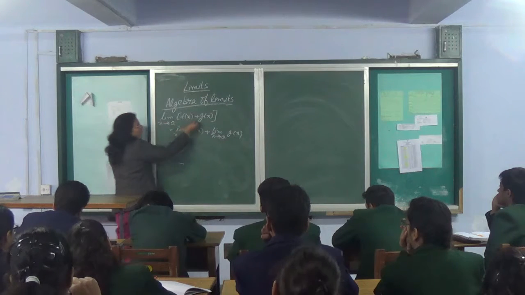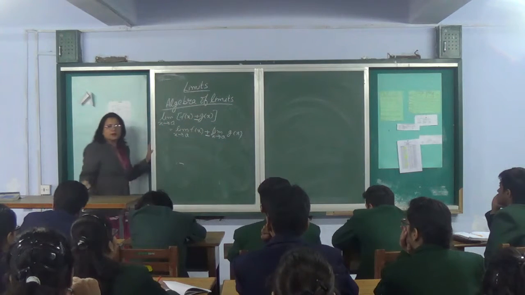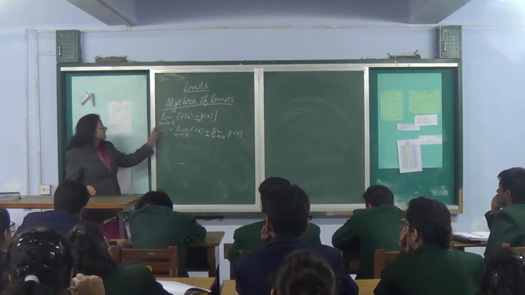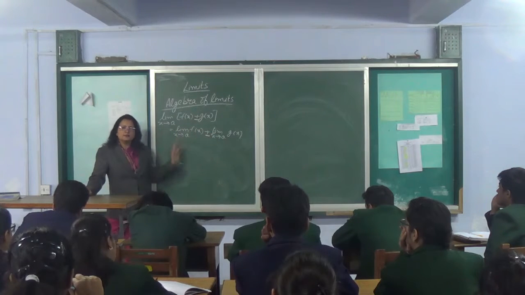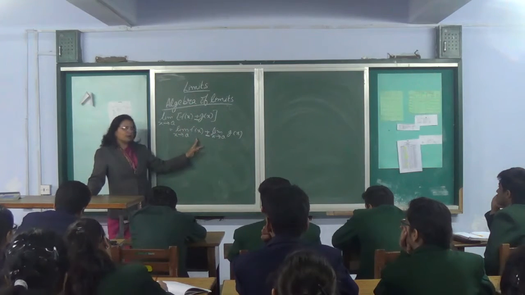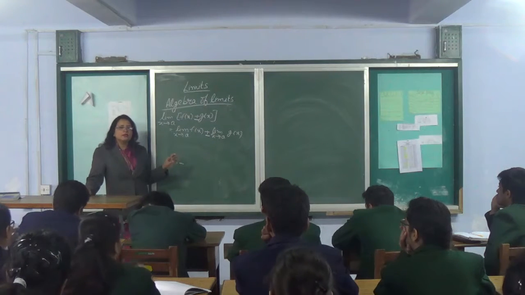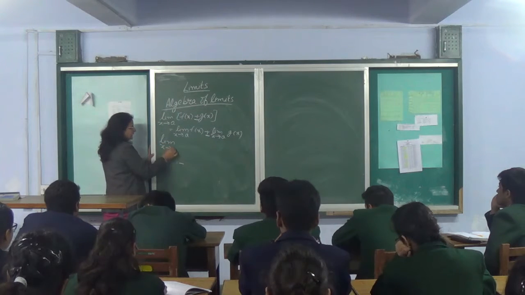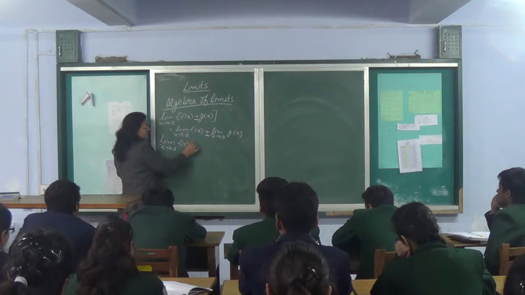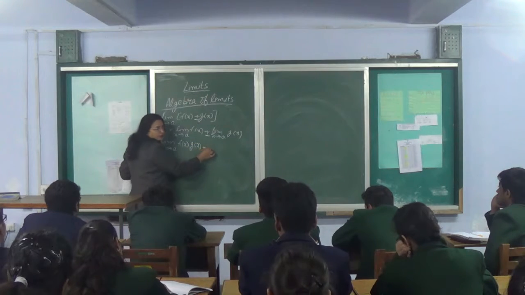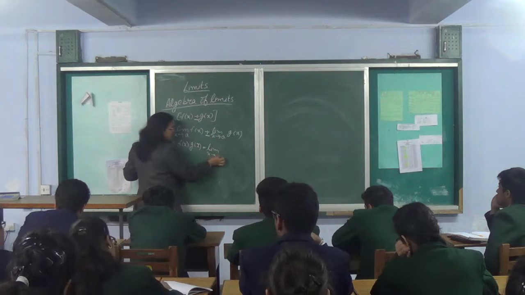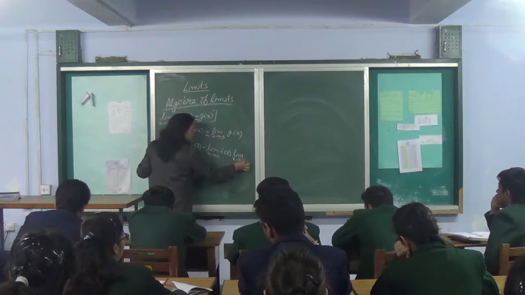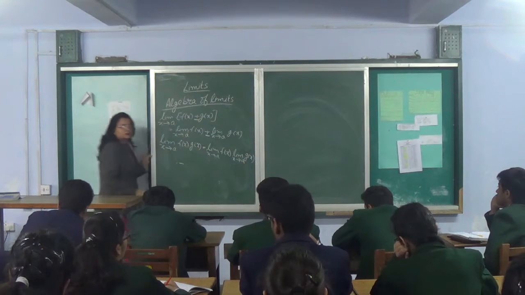This follows for subtraction also. If you have limit x tending to a f(x) minus g(x), the same result will follow: limit x tending to a f(x) minus limit x tending to a g(x). Then if you have limit x tending to a f(x) into g(x), the same result will follow: limit x tending to a f(x) into limit x tending to a g(x).